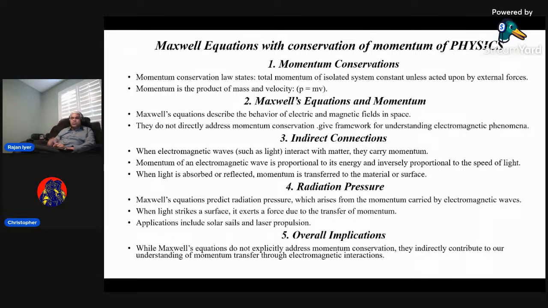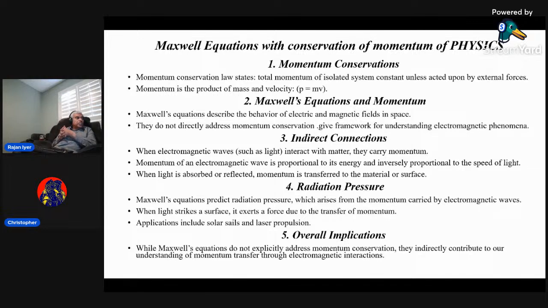And this aspect is used for solar sails and laser propulsion, for example. So there is a pressure involved in that, and the pressure transfer tells us how that is happening. And of course, we know about solar energy conversions, solar cells, things like that.